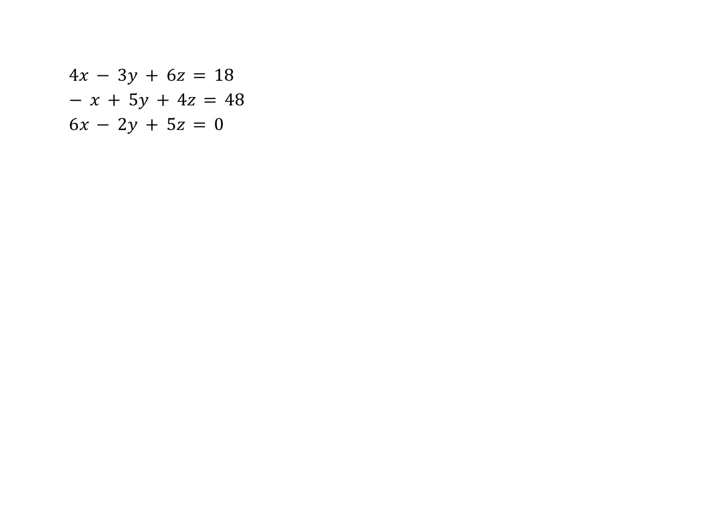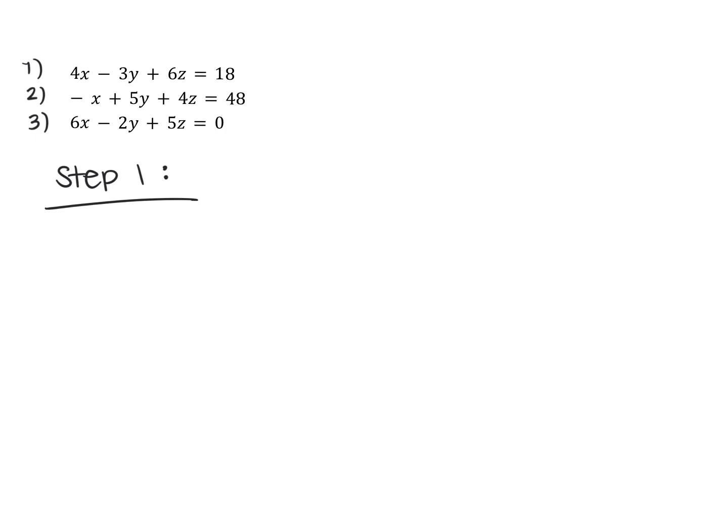Second example, we have 4x minus 3y plus 6z equals 18, negative x plus 5y plus 4z equals 48, and 6x minus 2y plus 5z equals 0. So I'm going to go ahead and number my equations 1, 2, and 3. When I'm trying to decide which variable to eliminate in step 1, I'm going to go ahead and eliminate x because I have just a coefficient of 1.